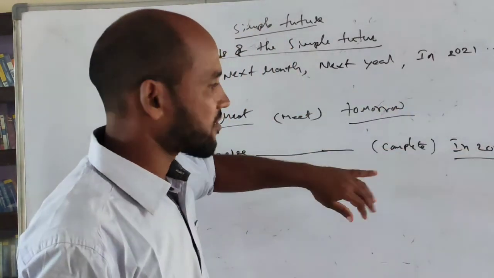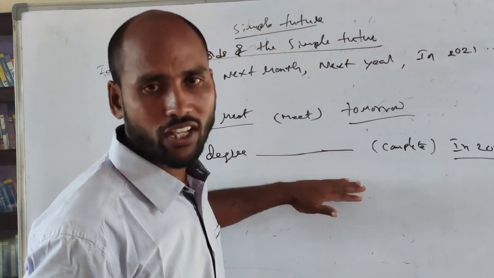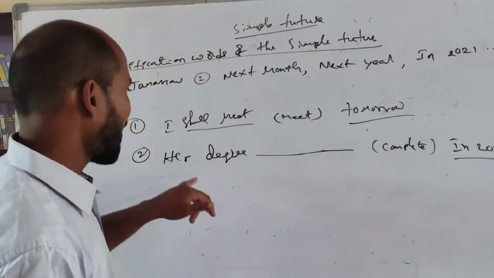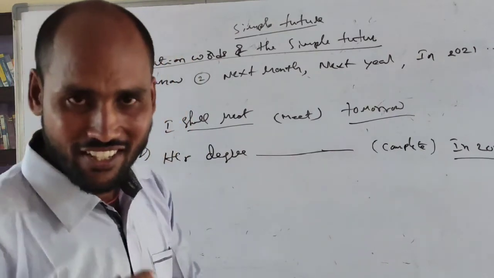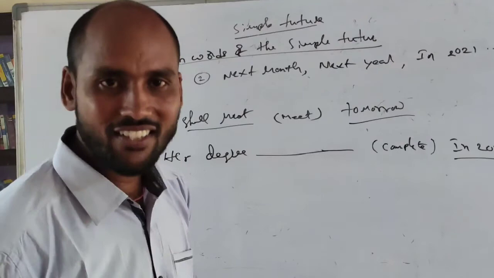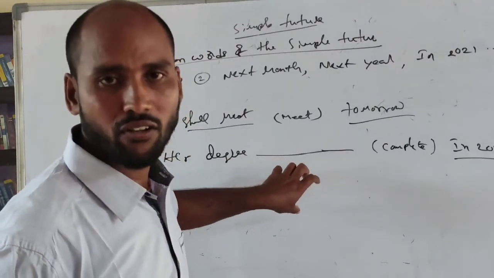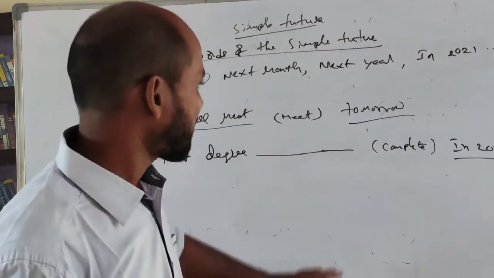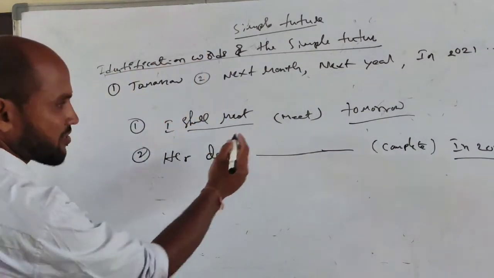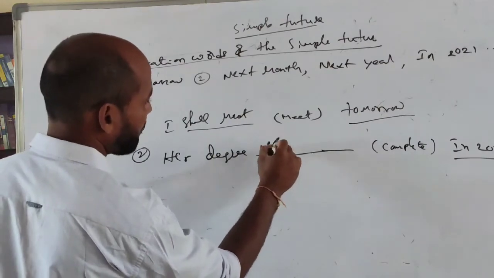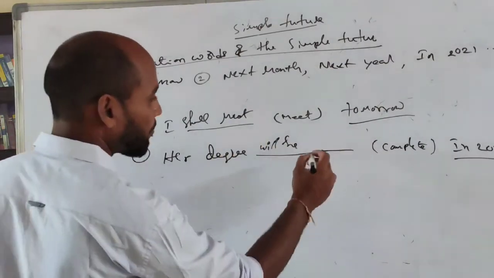That's because this structure belongs to the simple future passive voice structure. Her degree is completed, not doing the completing, but being completed. That's why this structure is written in the simple future passive voice. Passive voice structure: subject plus will be or shall be plus V3. I write will be completed, V3.